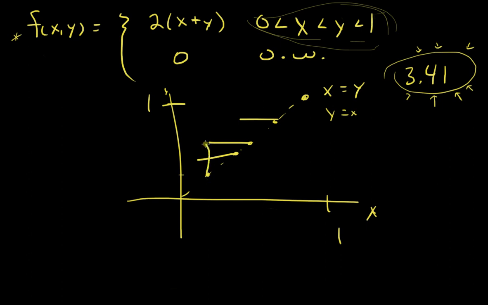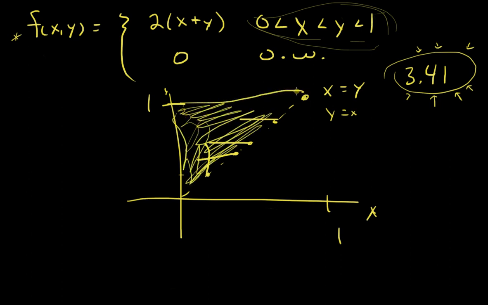Y is greater than whatever the value of x is, okay? So basically, what am I doing? It's right here, all right? That should be a dotted line because y doesn't ever equal 1, right? It just gets up to 1. All right, so this PDF takes this non-zero value in this upper triangle up here.